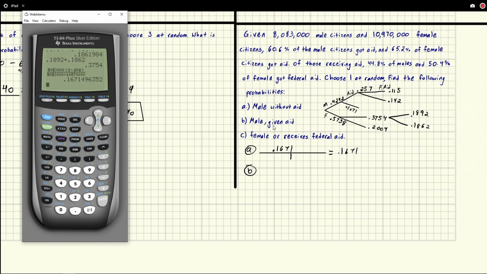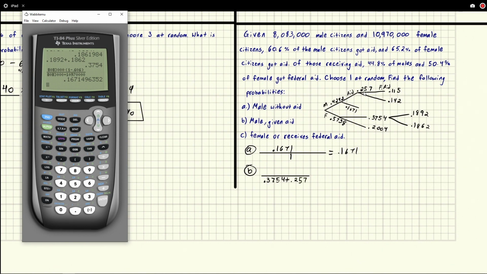So our sample size is going to be everyone who got aid. So the ones that got aid is this right here, 0.3754, and this 0.257. These are the ones that got aid. So right here, we're going to have 0.3754 plus 0.257.